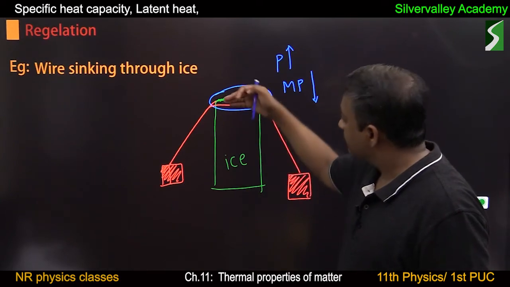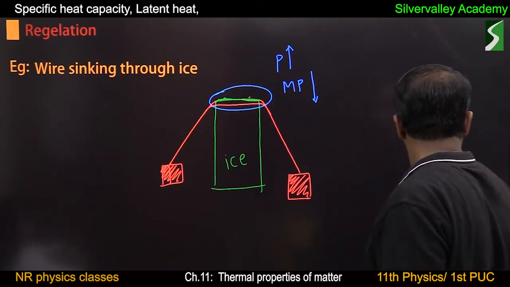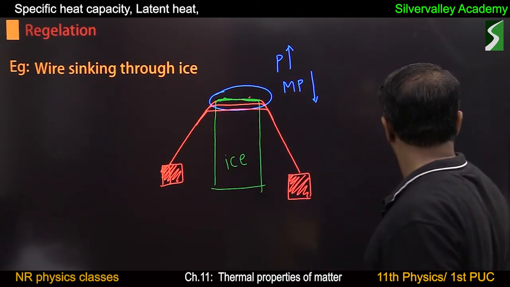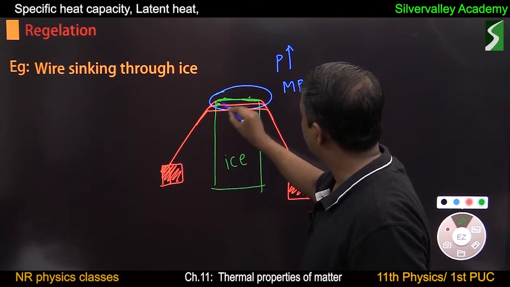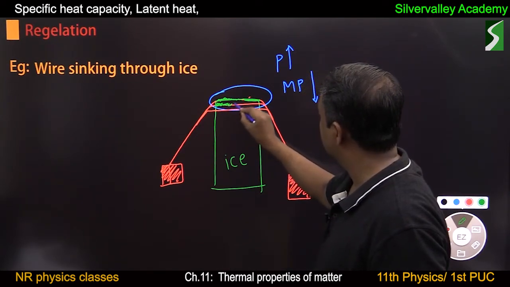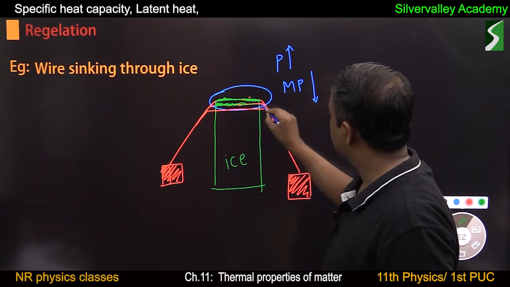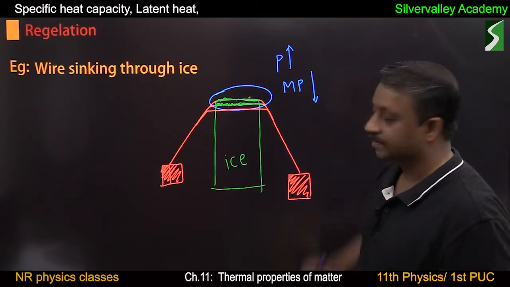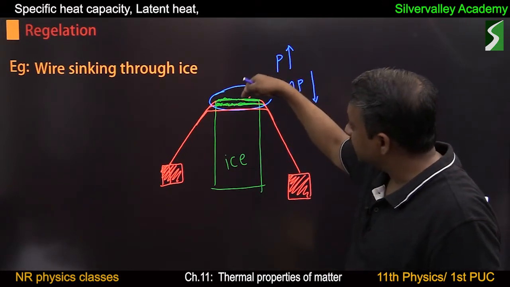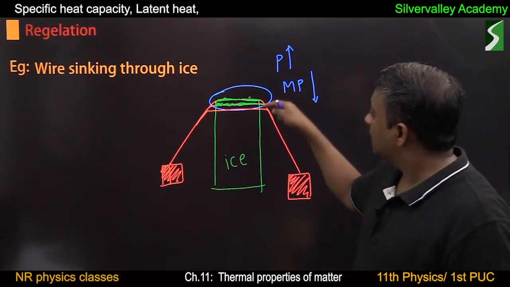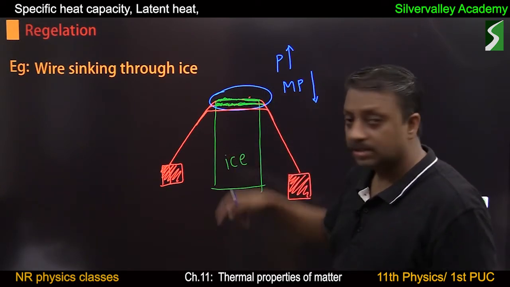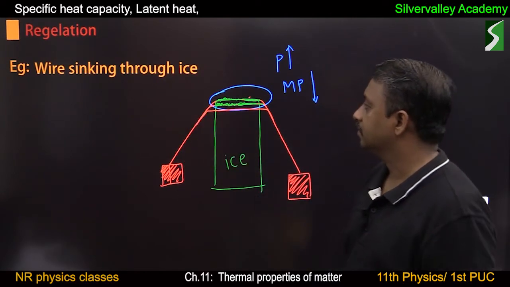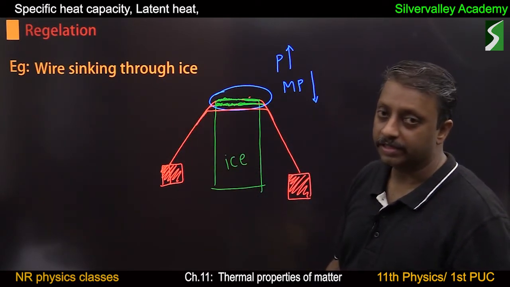After that melting, the wire further sinks. So this is the position of the wire, and there is refreezing. So this region will become ice again. There is ice, wire, ice. So this refreezing is called regelation. So wire sinking in ice, just like a knife going through butter, is a beautiful example of regelation.